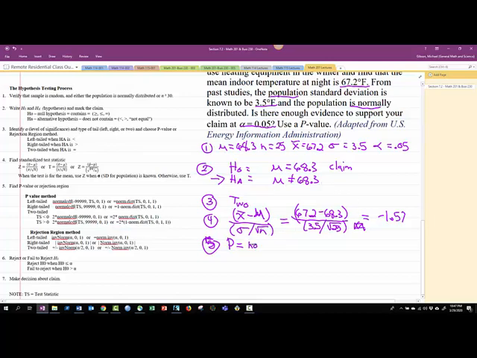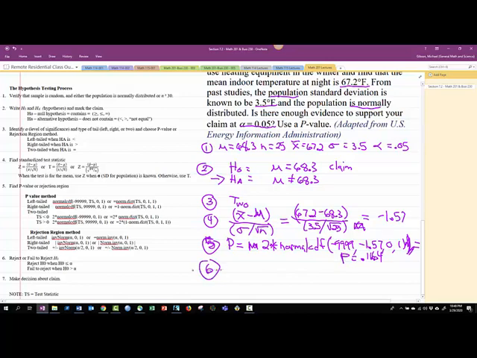It's two-tailed, so I'm going to do 2 times normal CDF of minus 5 nines, or minus 4 nines, whatever you want there, minus 1.57, 0, 1. This ends up being 0.1164. Okay, so this is our p-value.